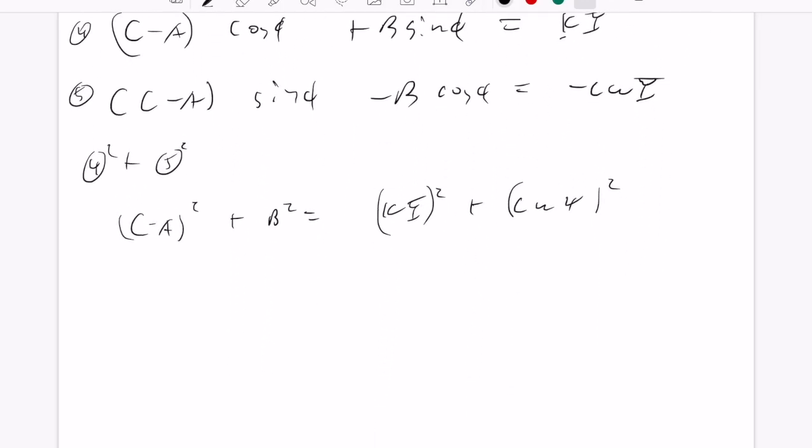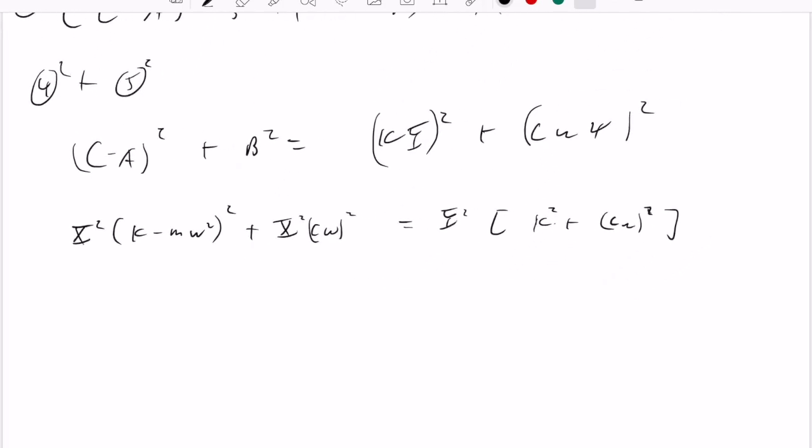And now we can substitute in our c's, our a's, and our b's, and this becomes x squared times (k minus m omega squared) plus x squared times c omega squared is equal to... might as well gather these y's together: y squared times (k squared plus c omega squared). Make that a little neater. Okay, that's a squared.